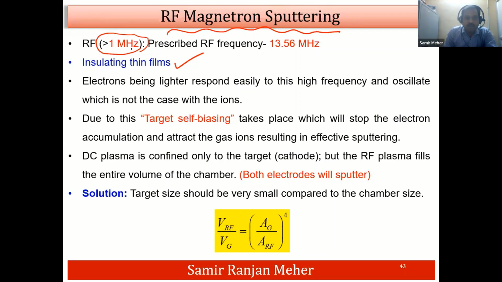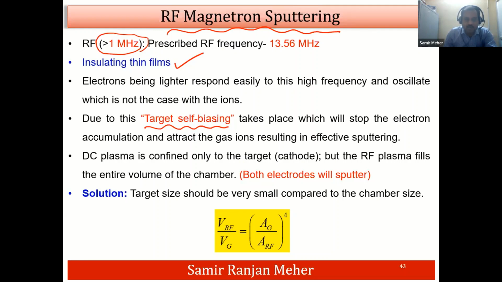At this high frequency, the electrons, which are lighter, can easily respond to this rapid change in polarity, because the polarity changes on the order of 10 to the power minus 6 seconds. Electrons are very light and they can easily respond even though it is very fast. But on the other extreme, the ions, which are very, very massive, cannot respond to this rapid change in polarity. And due to this, the target is self-biased.